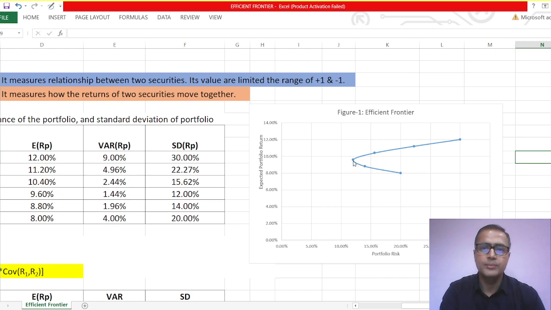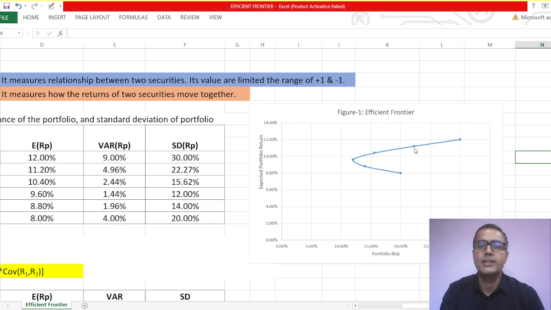Look at this one. If your return is about this level, your risk is this. But when you are using a combination outside the efficient frontier, your risk would be higher at the same level of return. Now the question is, which combination would you prefer? That is guided by your risk-taking capacity.